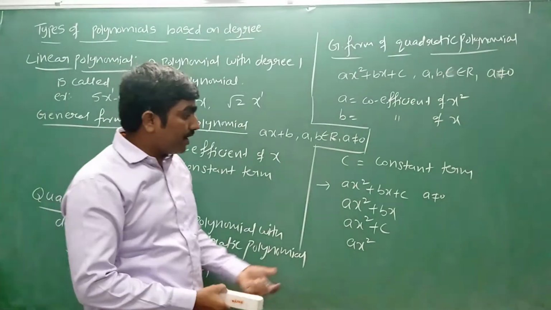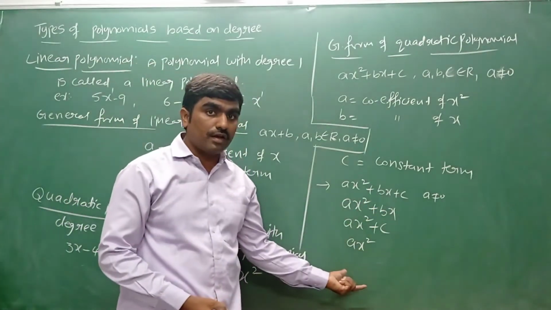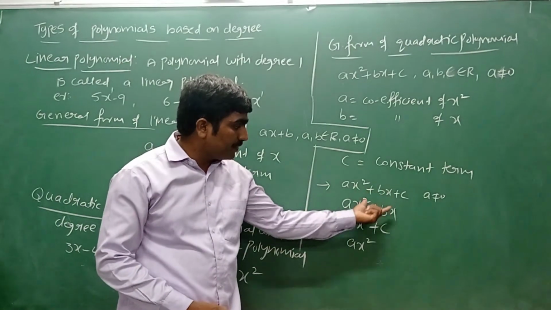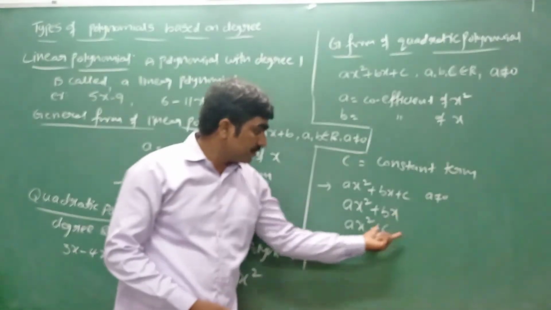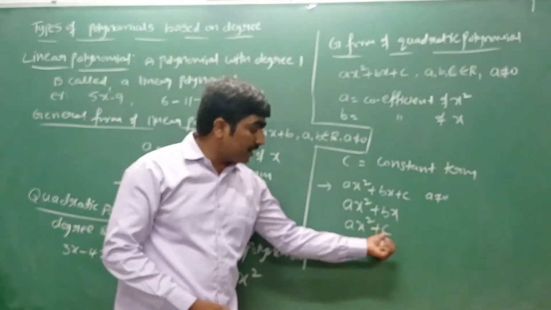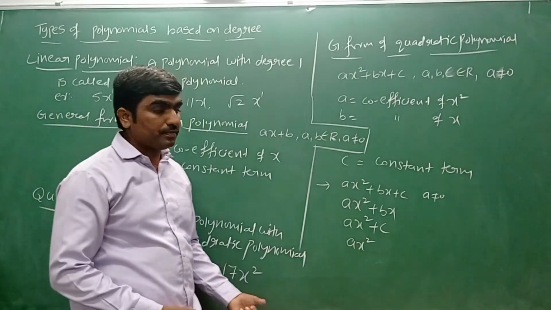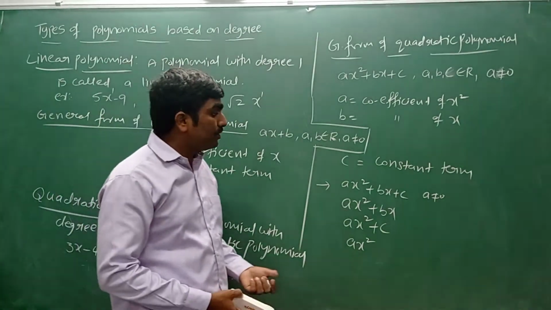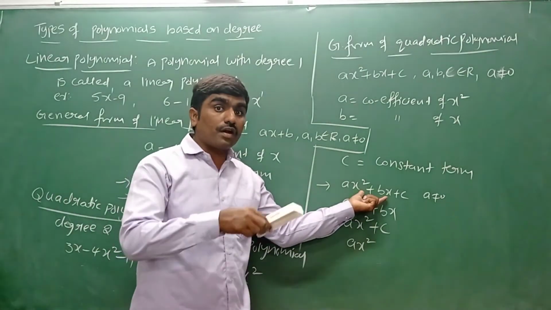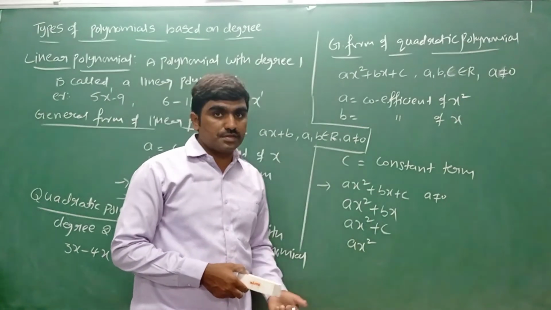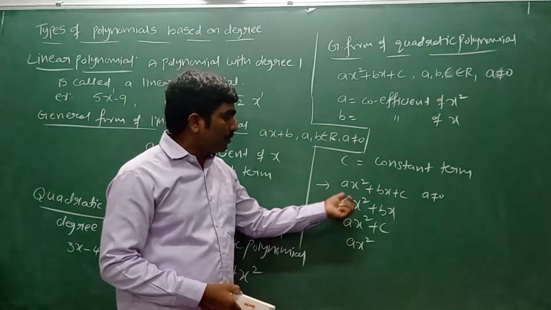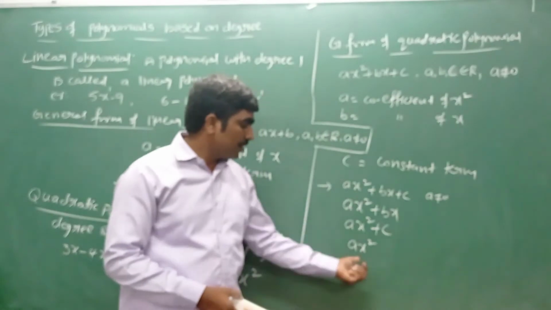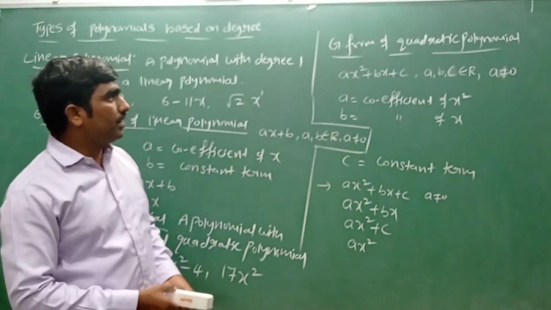In all these cases it is a quadratic polynomial. So at most we can see 3 terms in a quadratic polynomial, and at minimum only 1 term.